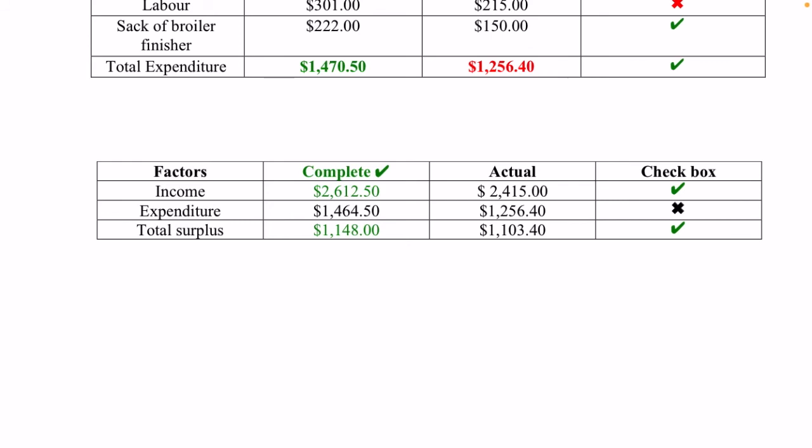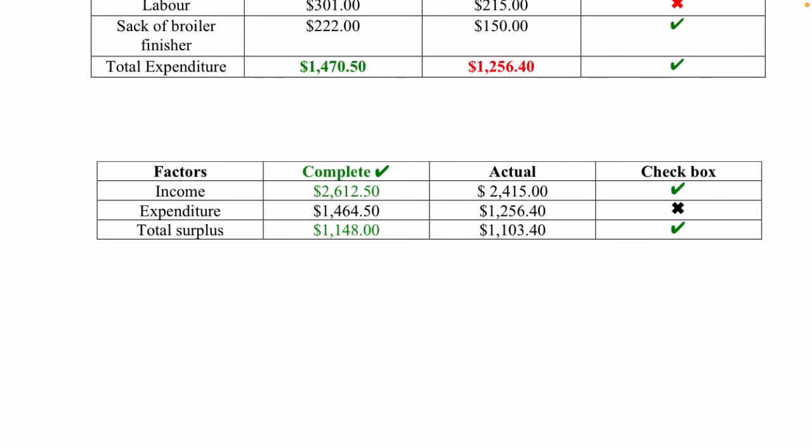Here, we are not looking for which number is higher. In this case, we are looking for which number is lower. The projected expenditure here is greater than the actual expenditure. Therefore, this is not a supporting detail to be used. The reason for this is if you spend more money, then it reduces your profit.